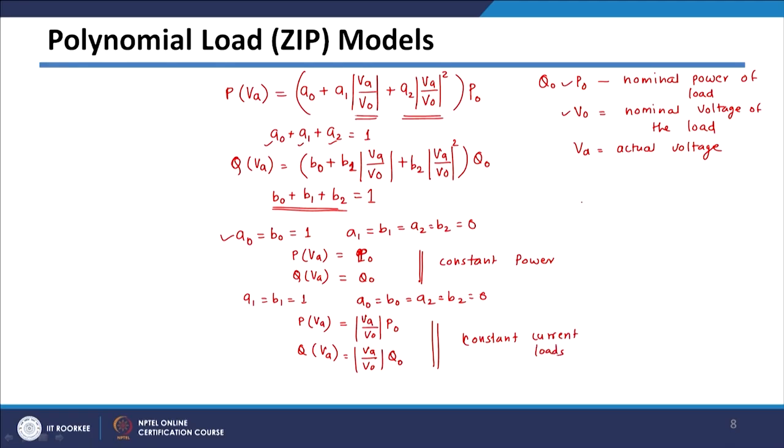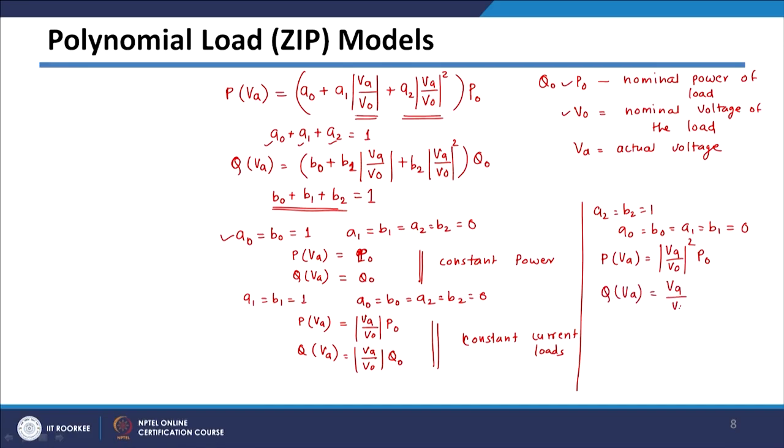And in the third case, when A2 equals B2 equals 1 and A0, B0, A1 and B1 are 0, then P of VA becomes VA divided by V0 squared into P0, and Q of VA becomes VA divided by V0 squared into Q0.